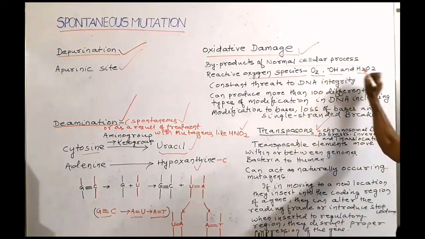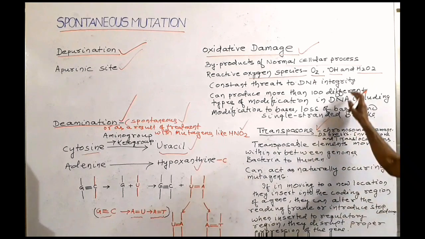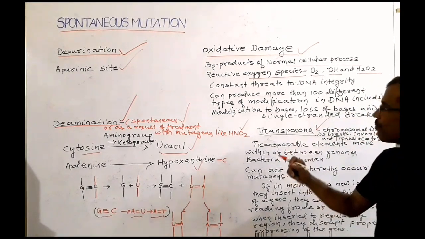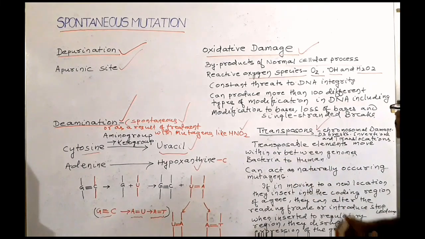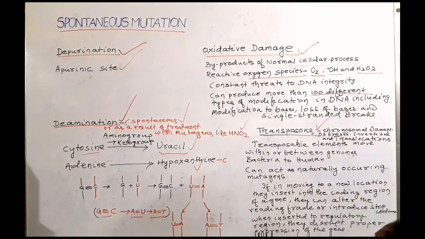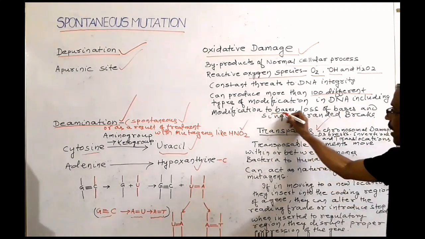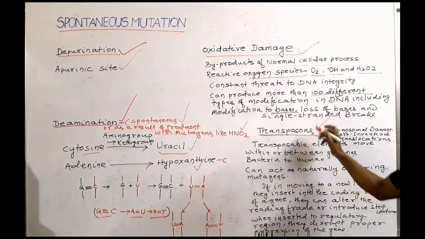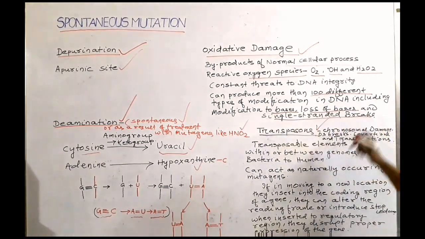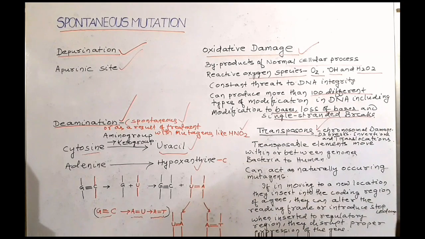These are a constant threat to the integrity of DNA, and can produce more than 100 different types of modification in DNA, including modification of nitrogenous bases, loss of nitrogenous bases and single-stranded breaks. So this is the effect of oxidative damage on the DNA.